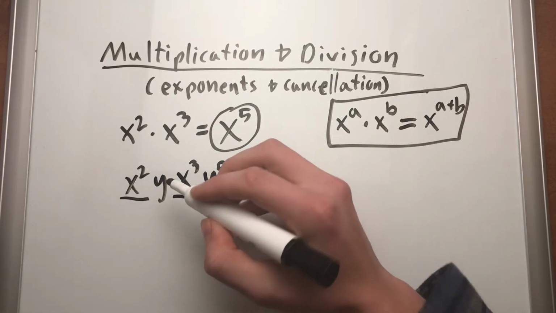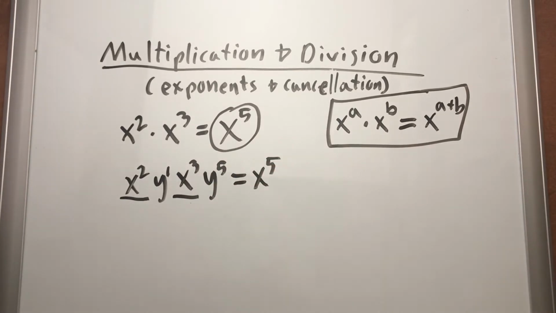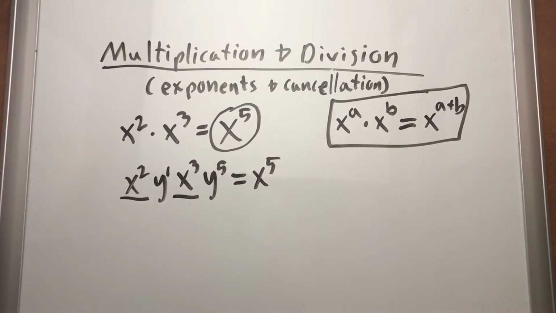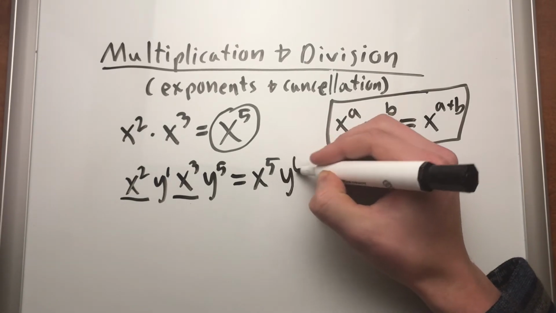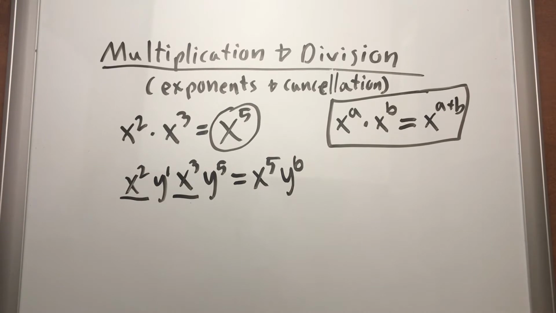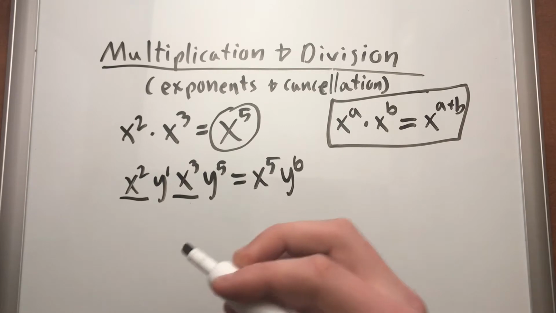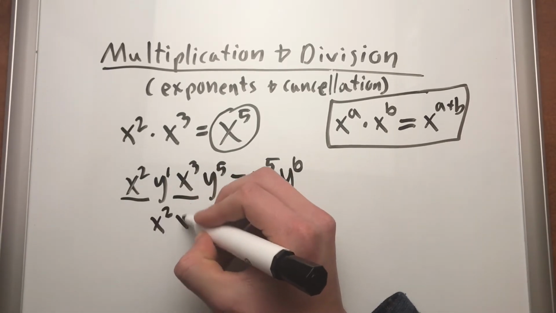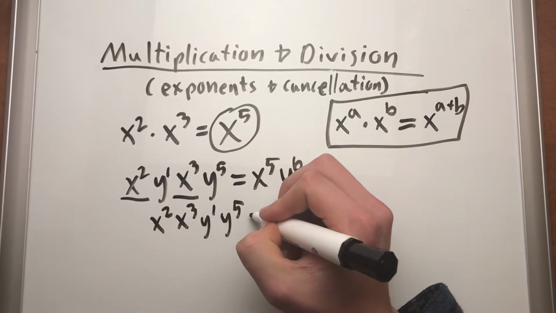And remember, a lone variable can be thought of as that variable raised to the 1st power, so y is also y to the 1st power. So y to the 1st power times y to the 5th power would be y to the 6th power. And the reason that this works is that this expression can be rewritten as x squared times x cubed times y to the 1st times y to the 5th.